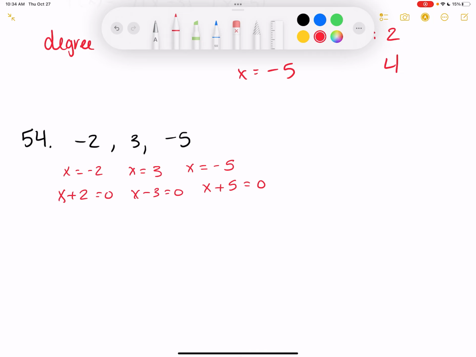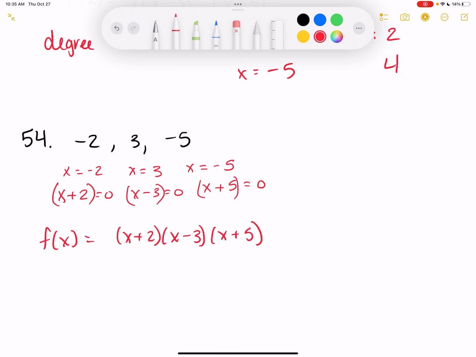These become our factors that are all being multiplied times each other. We're looking for a cubic function, so each one gets written one time. So f of x equals x plus 2 times x minus 3 times x plus 5.